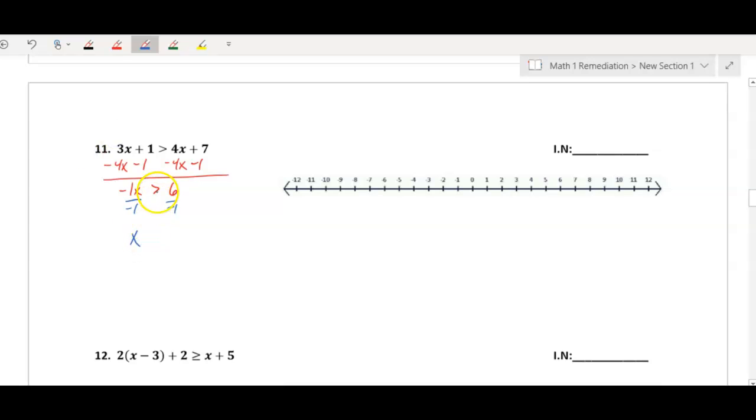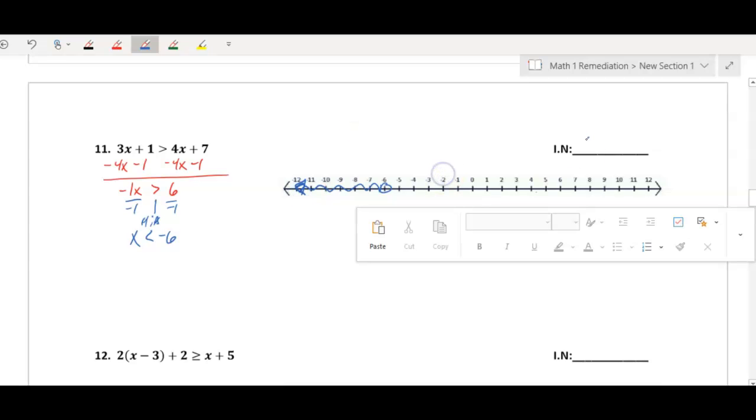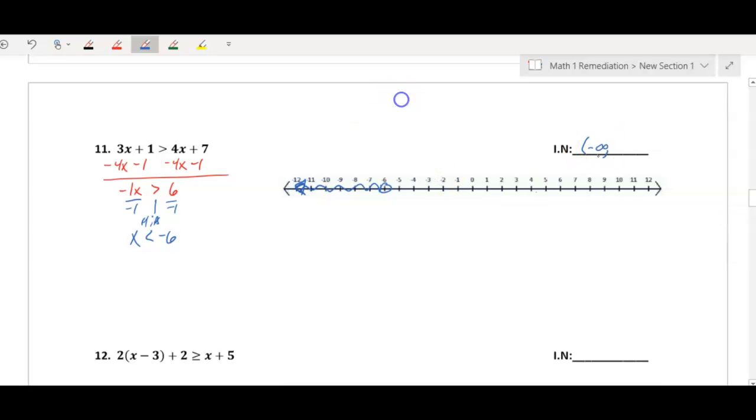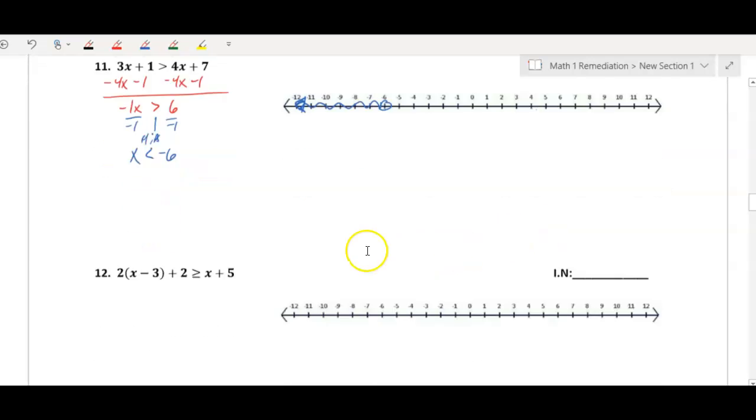And when I divide by a negative, I must flip that inequality sign. So this flips and becomes x is less than negative 6. So negative 6, I'm going to put an open dot. Less than means I'm going to go to the left. My lower bound for interval notation would be negative infinity to negative 6, not including it, so round bracket.